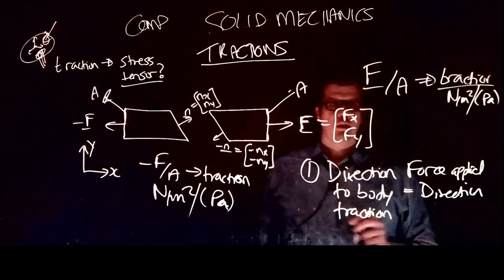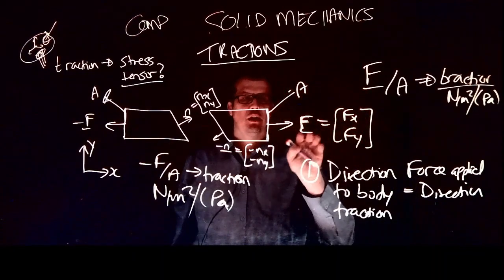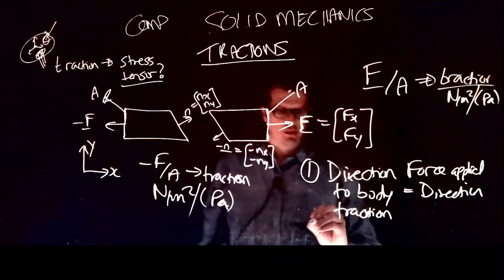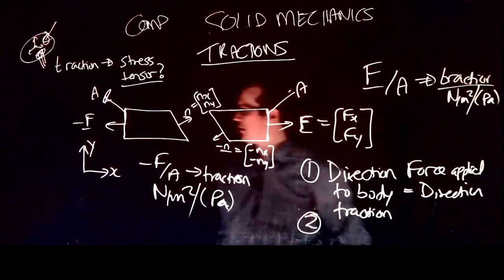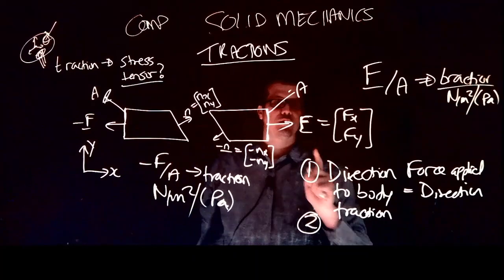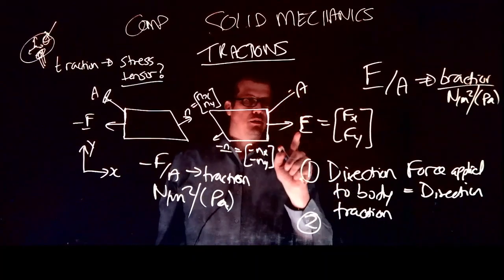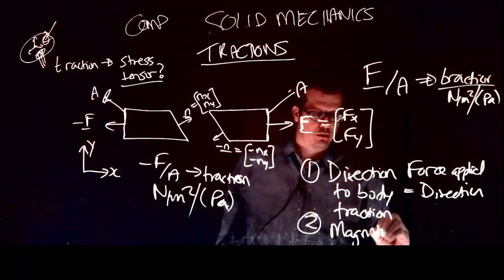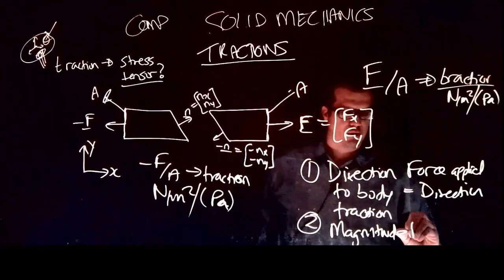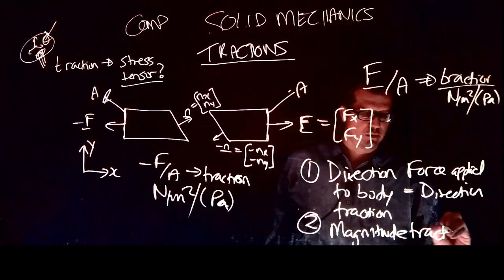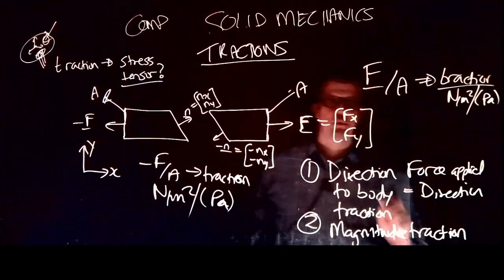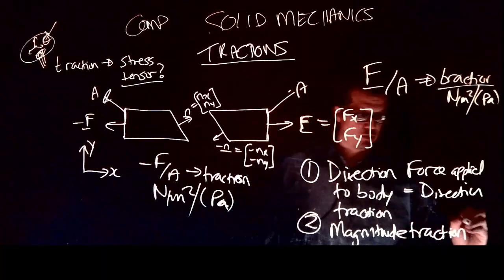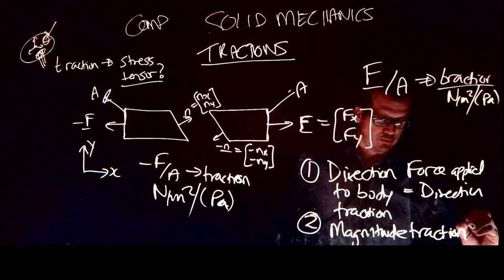Any load that I have on a face, that traction will have the same direction as that load. The only difference is that the magnitude of the traction will be different, because I'm taking this vector and dividing by a scalar. So the magnitude of the traction will be different to the force.